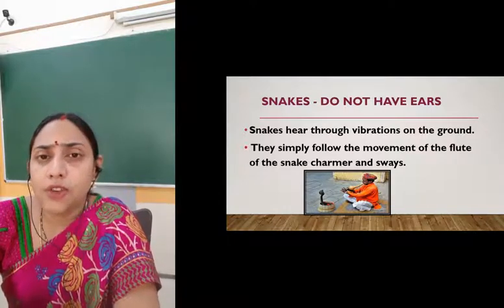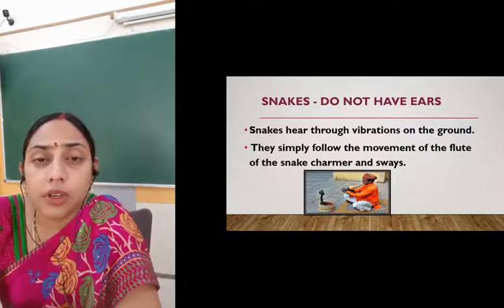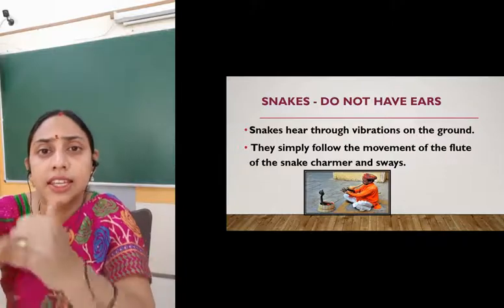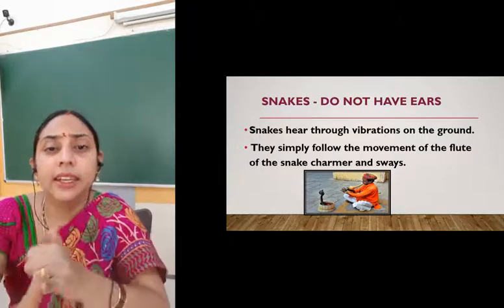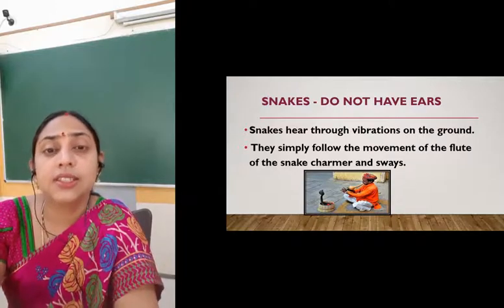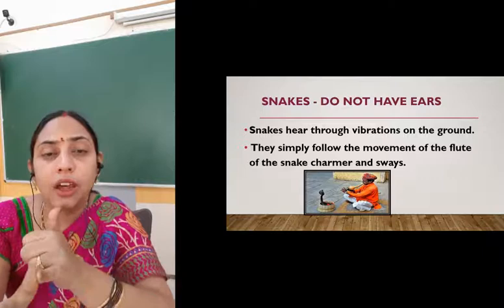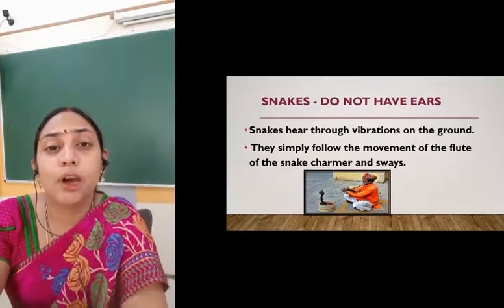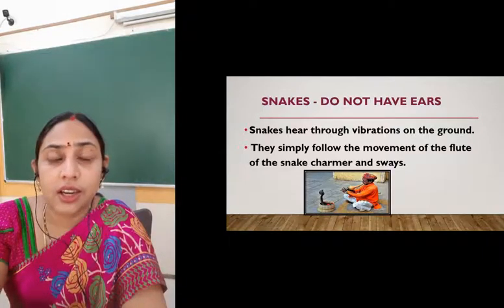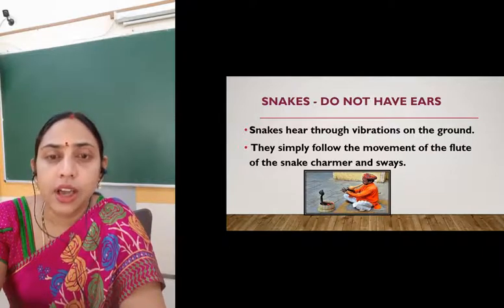But have you seen a snake dancing in front of the snake charmer? What do you think? Is it listening to that beat and dancing? No, it is just observing the movement of that bean. It's not listening to the music. We say that this is the particular music that snakes like, but it's not like that.